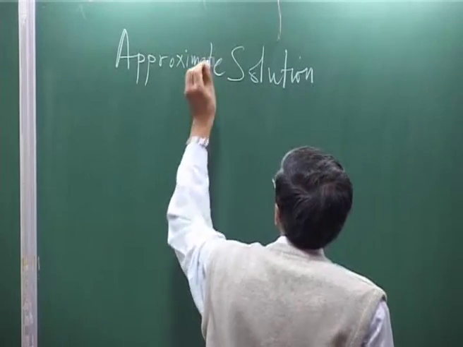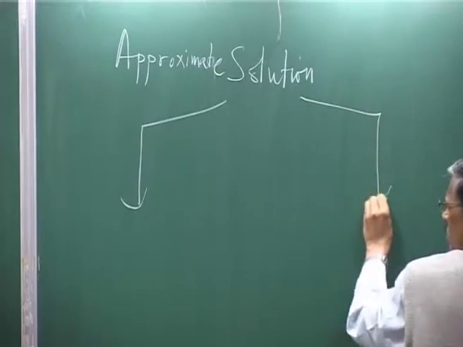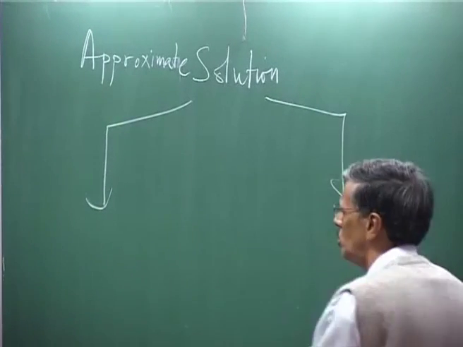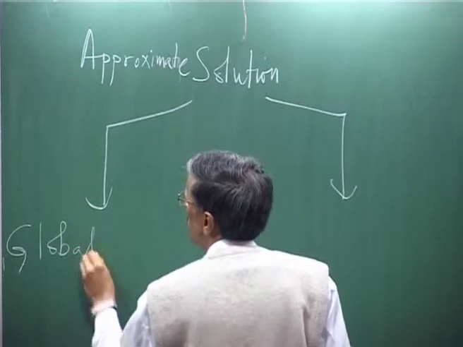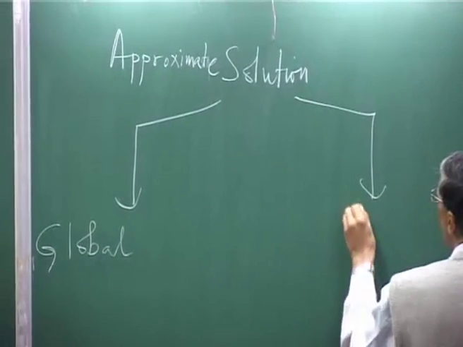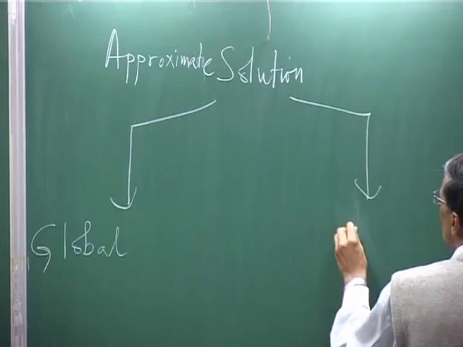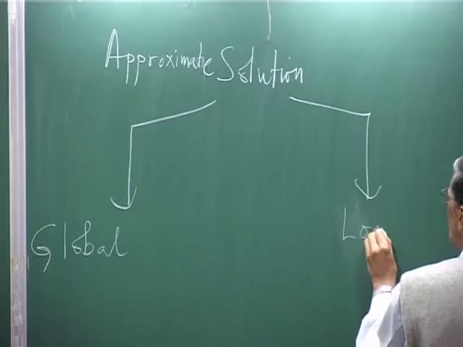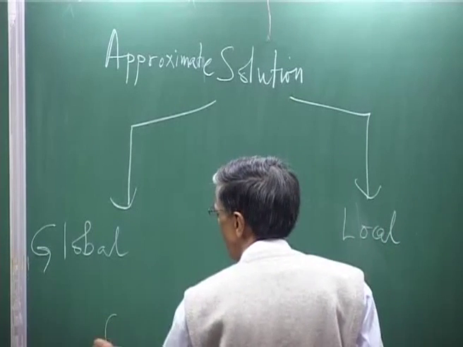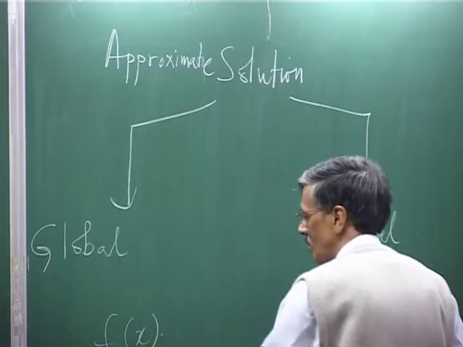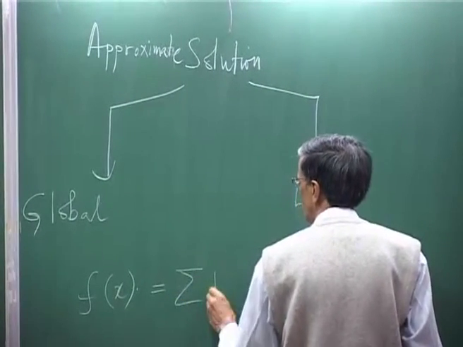So, approximate solutions can be broadly classified into two distinct categories. One is the global solution, another is the local solution. What do we mean by global solution and what do we mean by local solution? Suppose I have a function f of x and I write it like this.